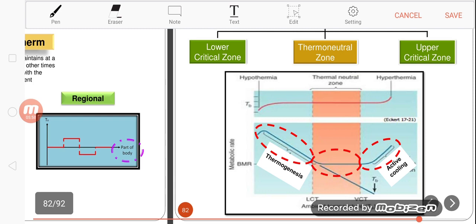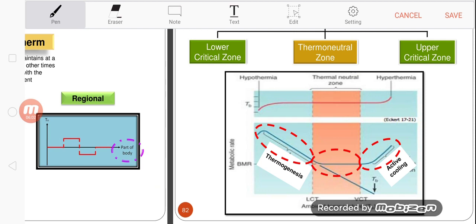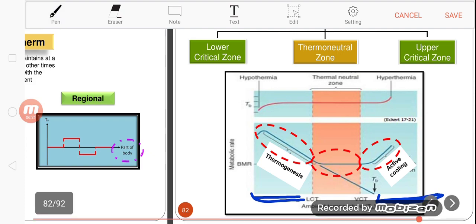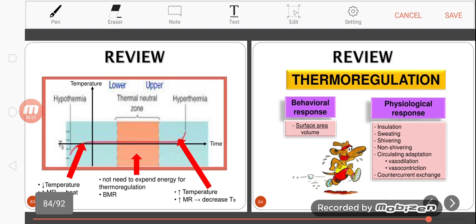At the lower critical zone, the body starts to execute thermogenesis, producing heat. At the upper critical zone, the body system will start active cooling. Thermal zone.